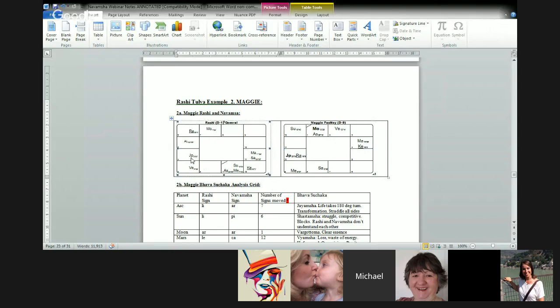So with Maggie's Jupiter being Vargotama, her soul will send her endless messages about issues of expansion and husband. And because Jupiter's in her 4th house, it usually means a mother who could not allow expansion to the child.